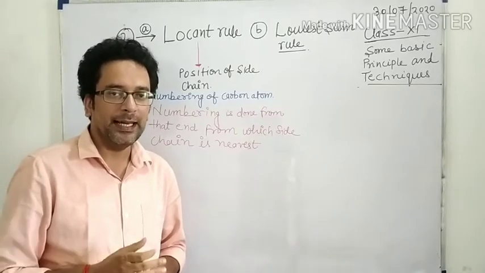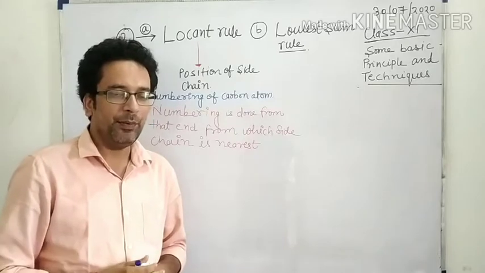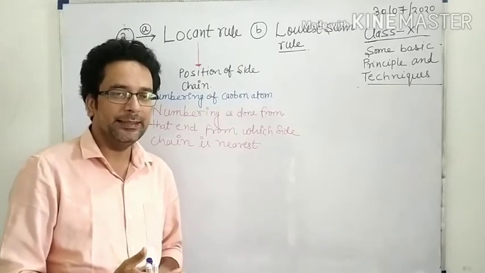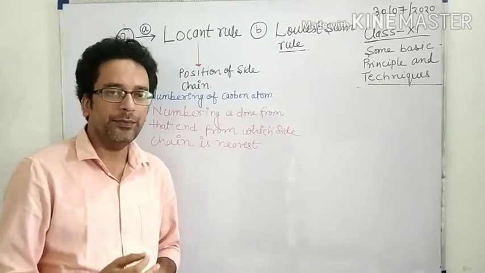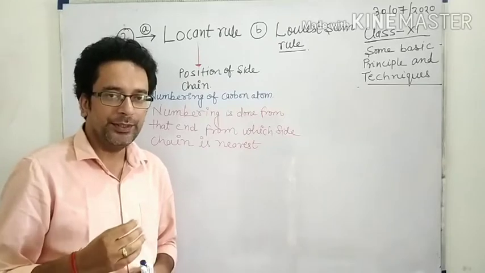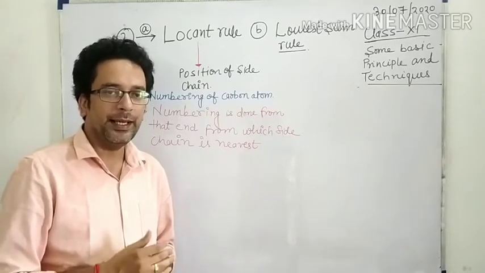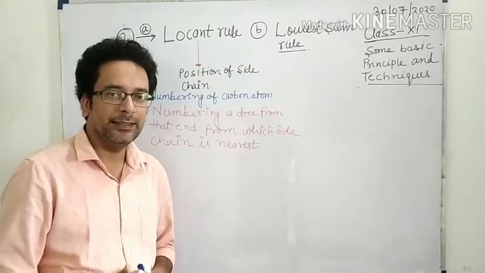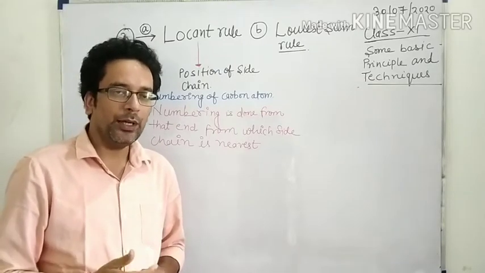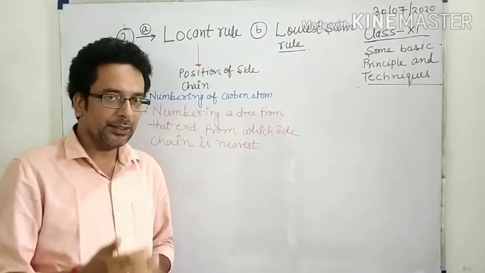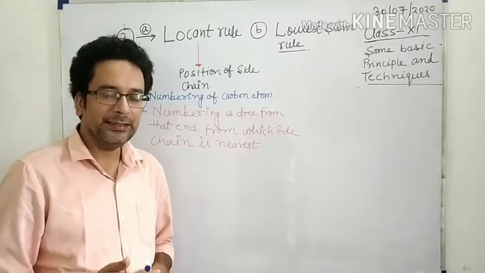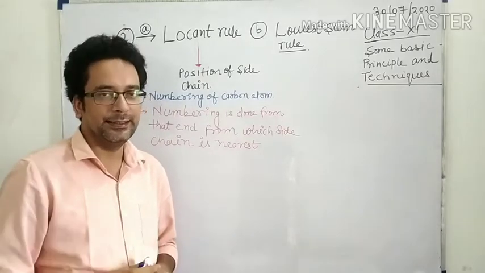In organic compounds, how can we give the position of side chain? With the help of numbering we can give the position of side chain. We do the numbering from that side from which side chain is nearest.